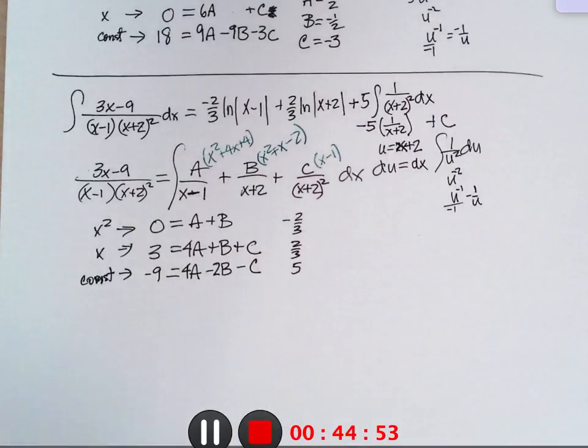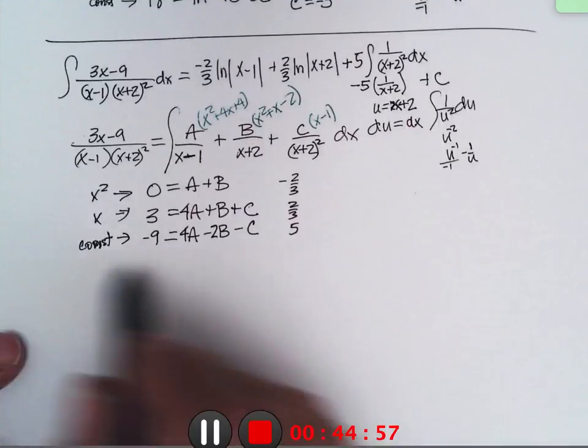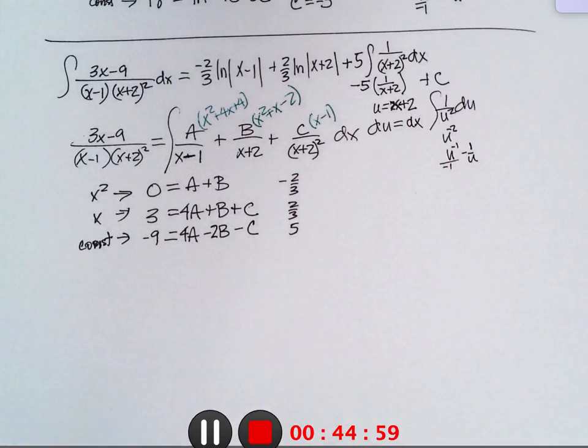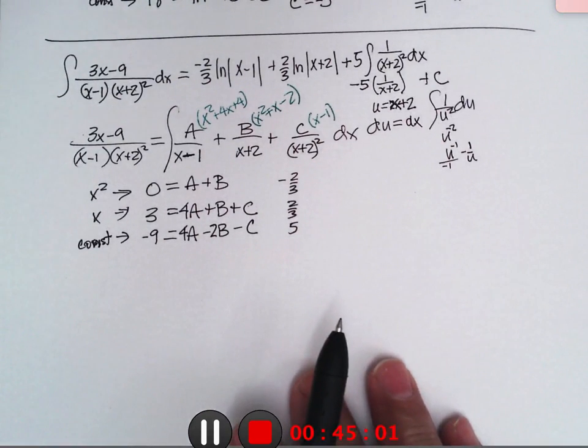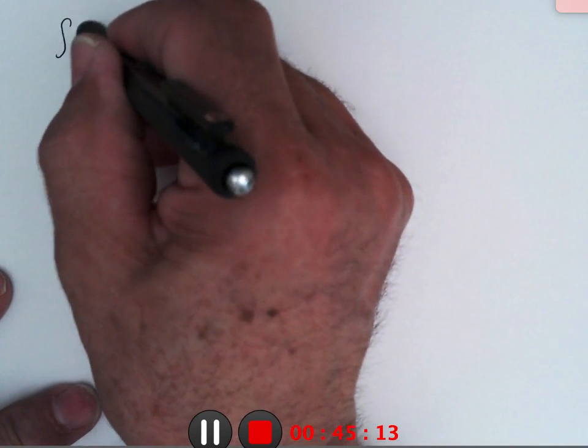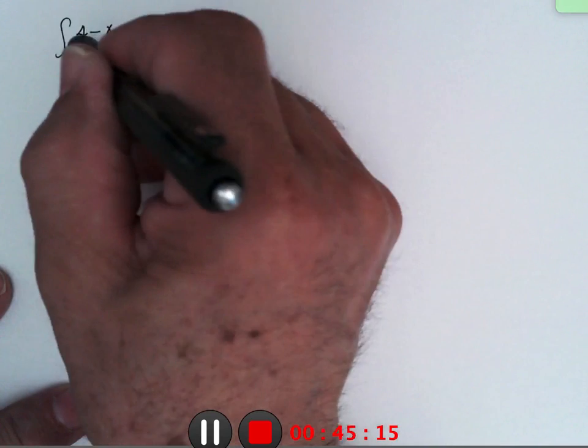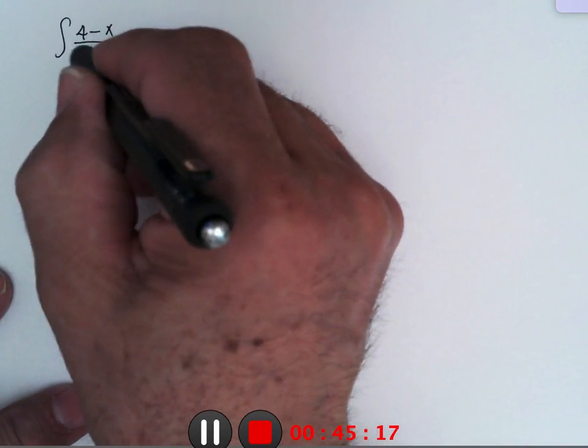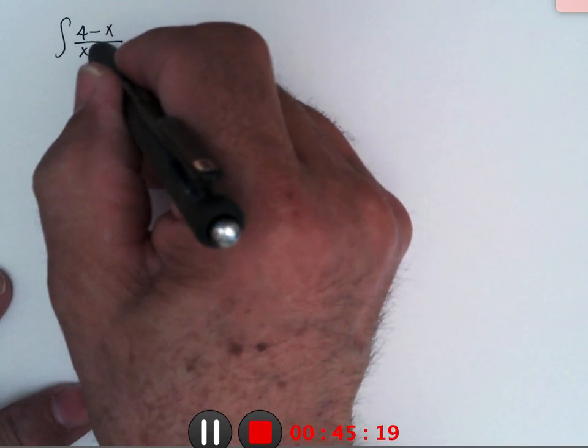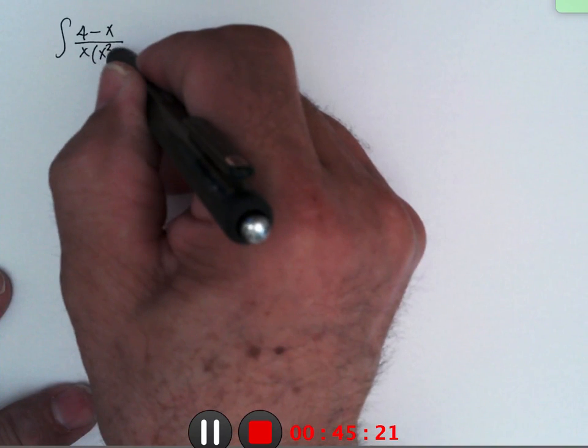Now the last one gets the messiest. I'm going to start with a whole new sheet of paper on this one. The last one I did in class. So we have the antiderivative of 4 minus x over x times x squared plus 2 squared.